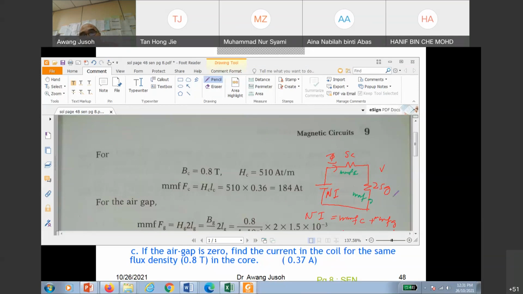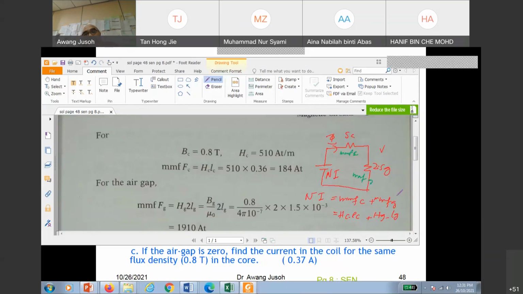This one, if Sg is similar, but if Sg is different, then you need to put Sg1, Sg2. You got two different reluctances. But if it's the same reluctance, the same length, then you can write 2 Sg. Okay? So that's how you draw the circuit. So based on this circuit, you can easily solve the problem.